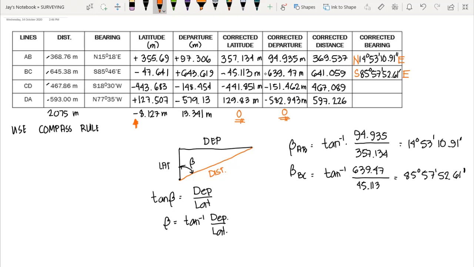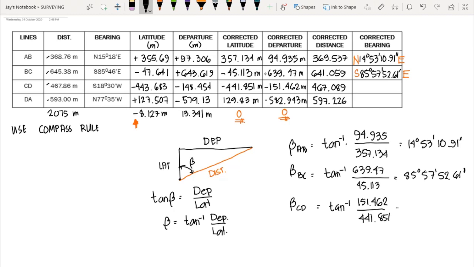Using the same formula, we have the value of bearing of angle CD, which is arc tangent of 151.462 over the latitude, which is 441.851.